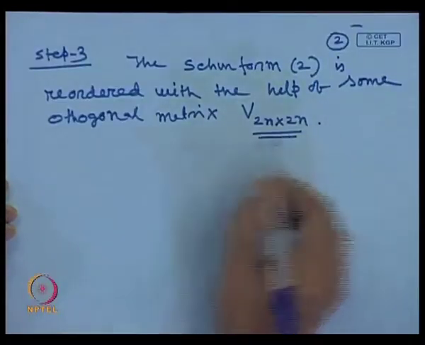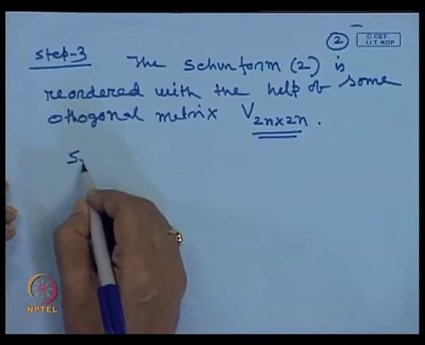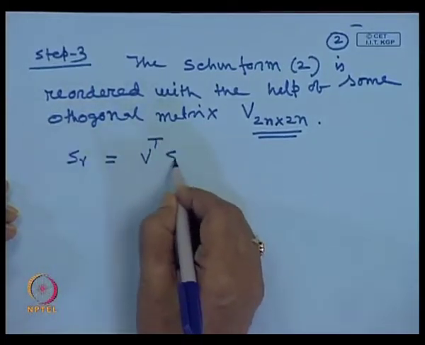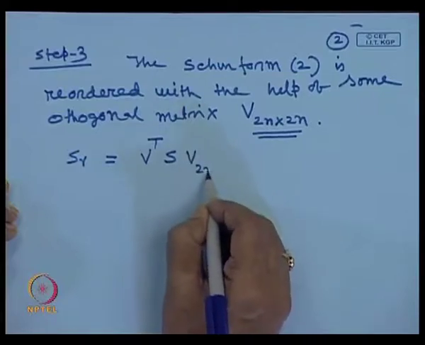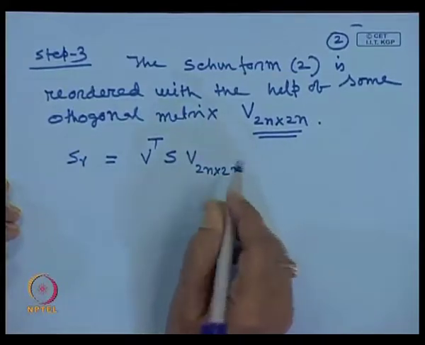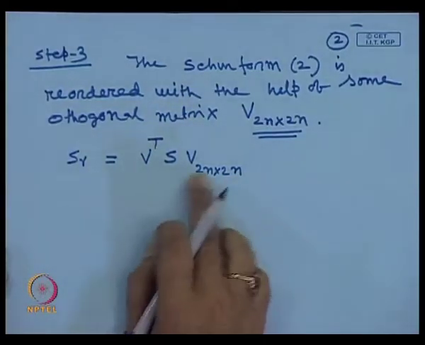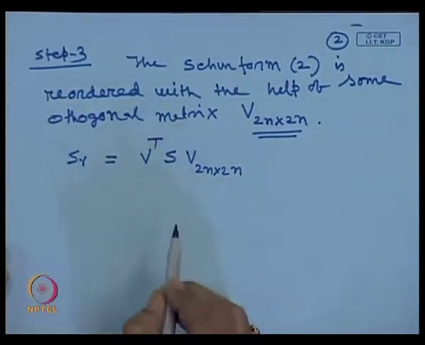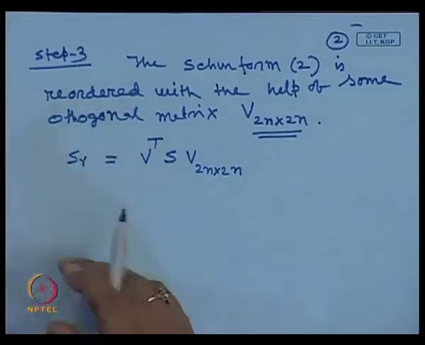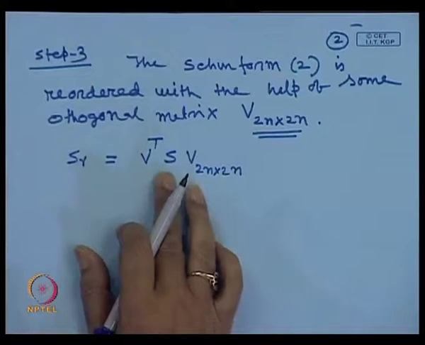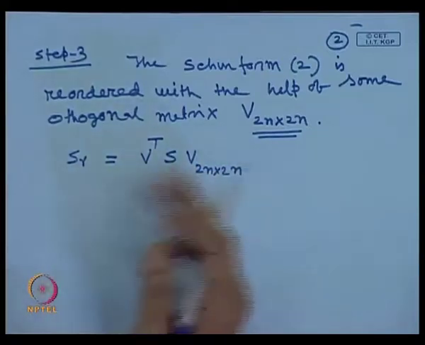Using this transformation matrix, we do B transpose S V. Ultimately, reordering of the S matrix can be done by using elementary row and column operations.